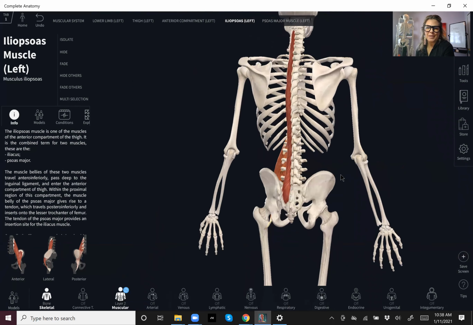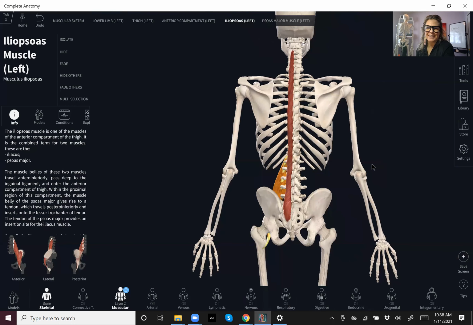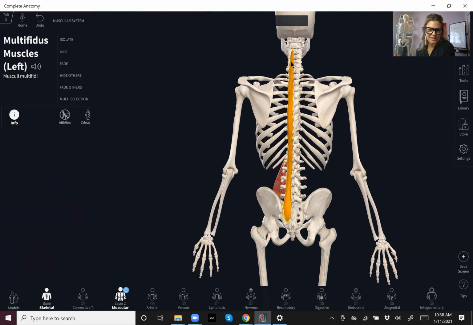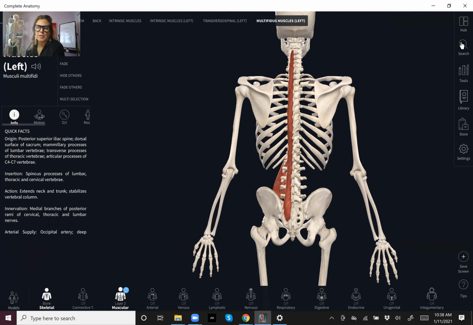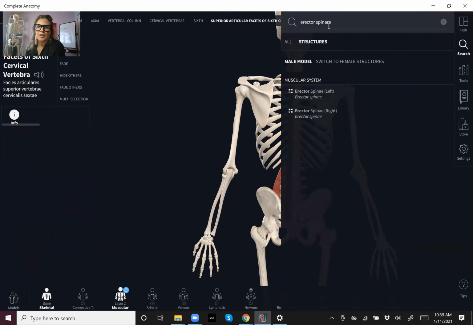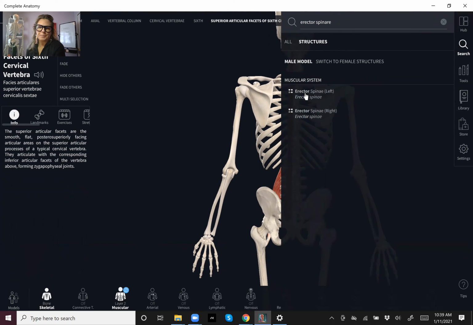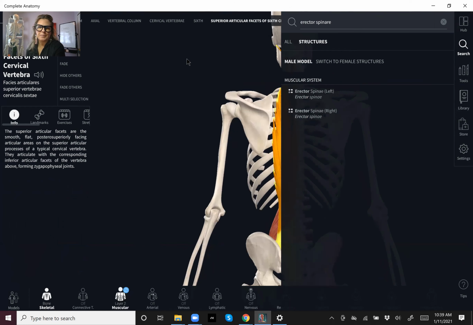That's the deeper muscle that we looked at, this guy. Yep, this is the multifidi, or the multifidus. The singular is multifidus. And then what lays on top of the multifidus? What is that group of muscles called? You got it, the erector spinae. And we will pull those up just so you can see them one more time.